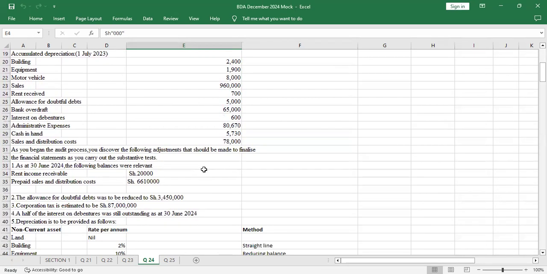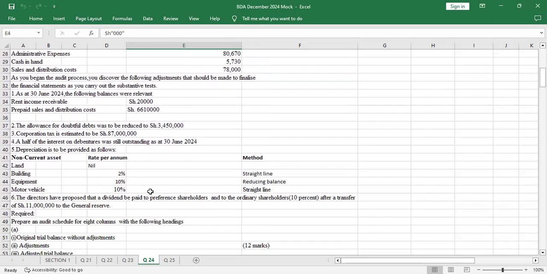Number one, as at 30th June 2024, the following balances were relevant. We have a rent income receivable of shillings 20,000. Then you have prepaid sales and distribution costs of shillings 6,610,000.